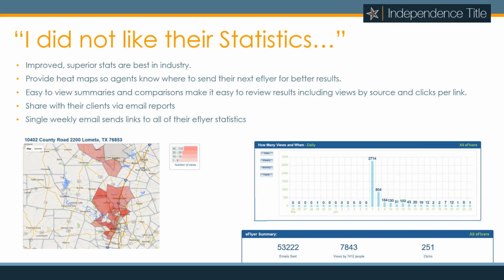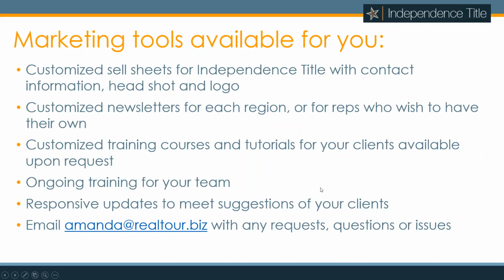They still can share their stats reports with their clients via email, and overall it's a really great tool for them to use now. Again, if you wanted more specific details on how the statistics work, let us know and we can do a mini seminar for you on how to read statistics so that you can be more helpful and also sell better.